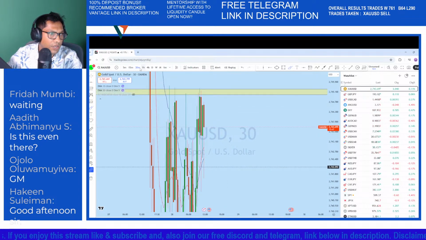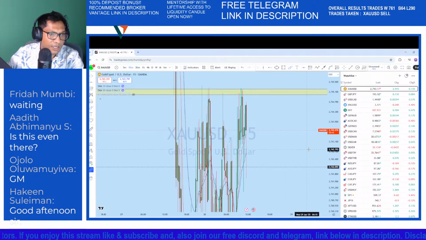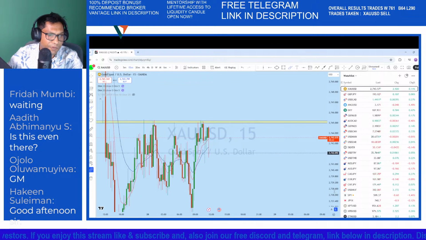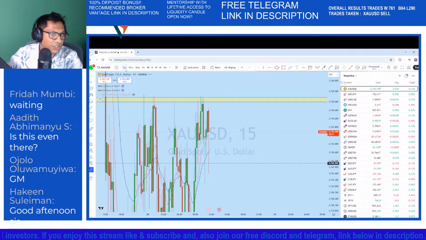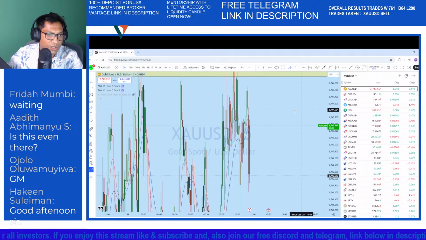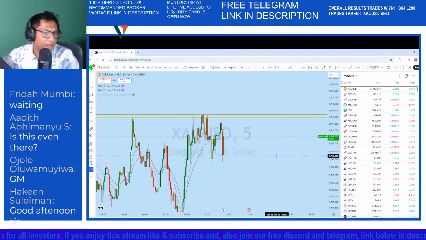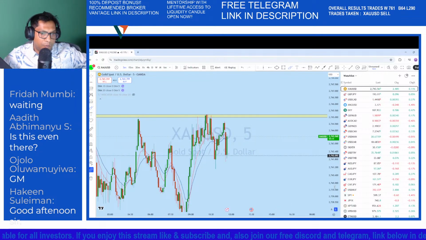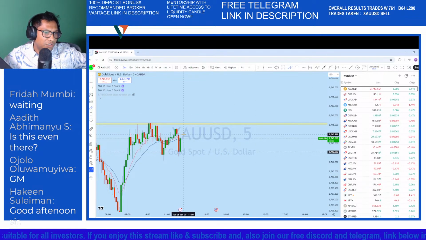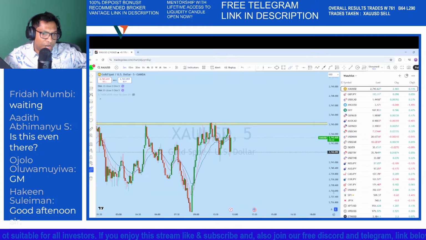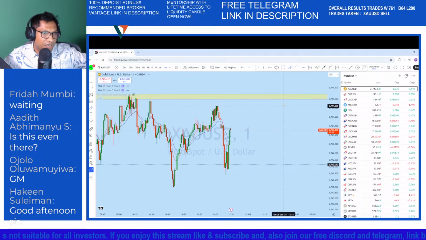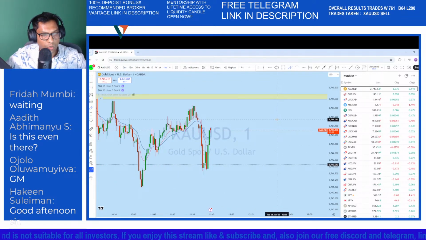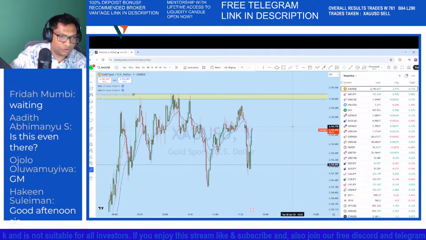This is the 15-minute perspective on XAU USD, and we can see the lower time frame after the gap opened. I am expecting this market potentially to trend in that direction to the support level to see where we can find a trading opportunity.